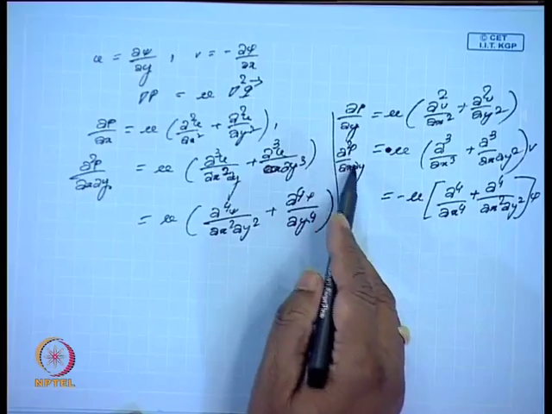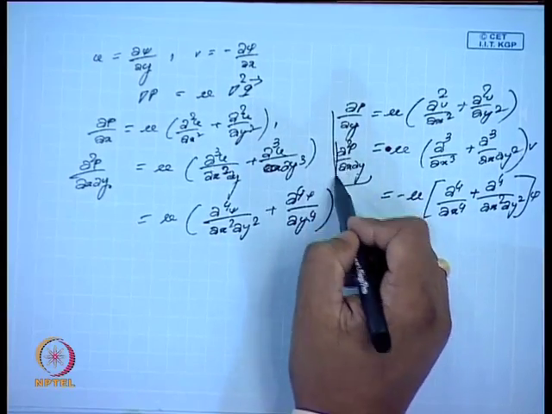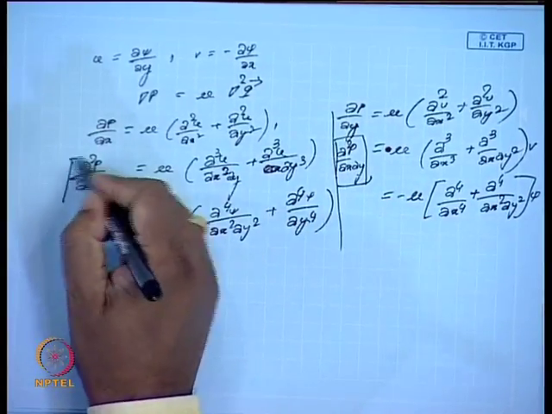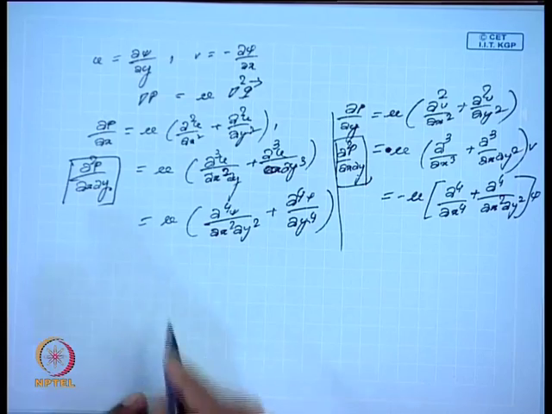If I set del square p by del x del y equal from both, since the left sides are same, the right sides will be same.